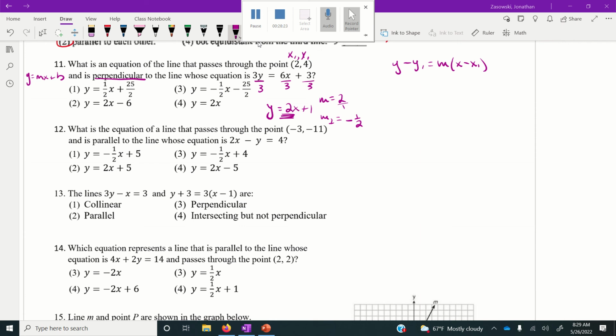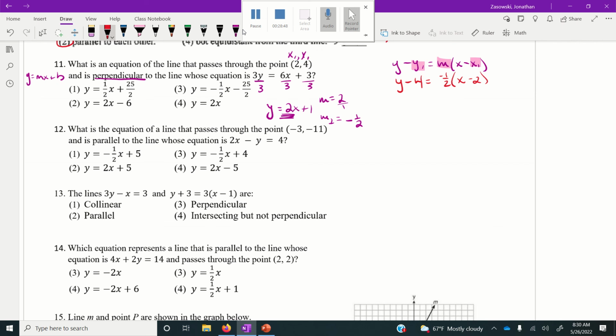All we're going to do is place in the y1, x1, and the m. That's what we're plugging in here. So let's do it. We're going to say y minus y1, which is 4, equals the slope, which we said was negative 1/2, and then x minus 2. Now we would want to check, does it match any of these?